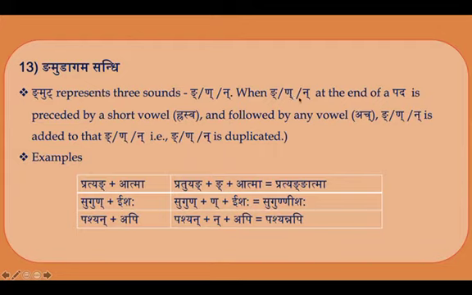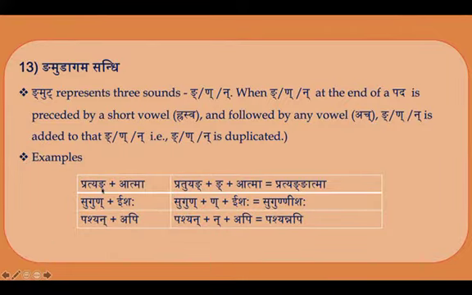So when these three sounds at the end of a pada are preceded by a short vowel, hraswa, and followed by any other vowel, that is ach, then that nakara is duplicated.